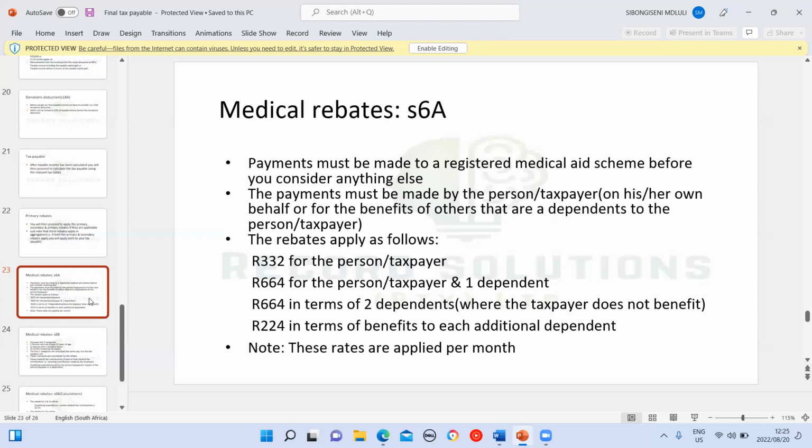If your medical aid scheme has three beneficiaries within it, or four, the first two will qualify for a rebate at 332 rand each. Then the additional two, after considering the first two, the rebate will apply at 224 rand for those dependents.